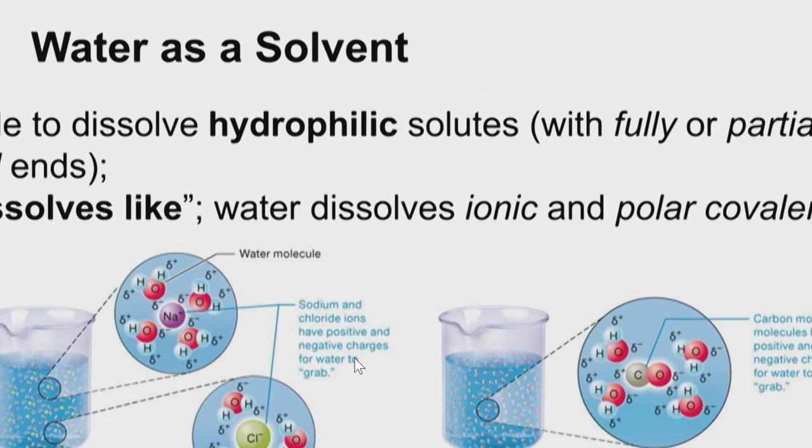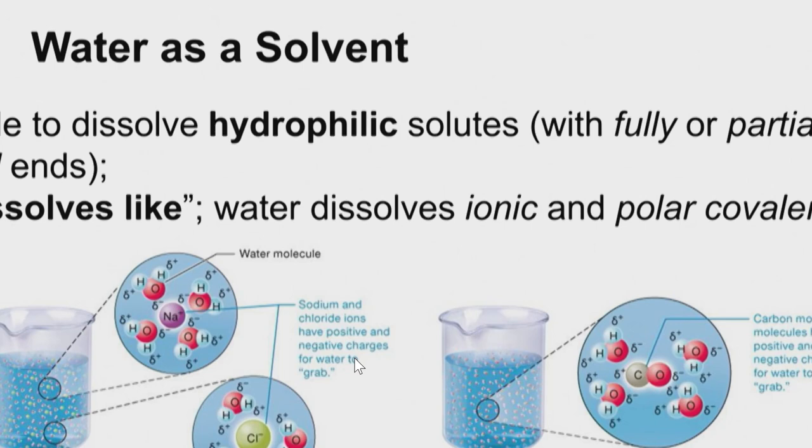So I just showed you that water, being polar, is a great solvent. We talked about it back when we talked about solutions. We mentioned water as a universal solvent, and it had great properties because of it being polar. Here's where we're going to see this again, that water is a great solvent for a hydrophilic solute, right? That means it's going to be water-loving.